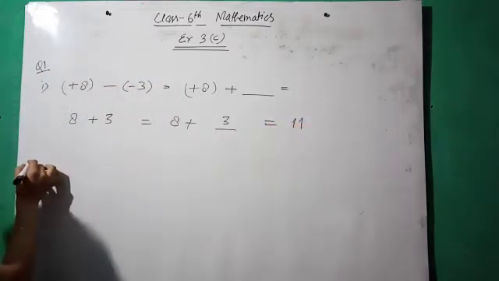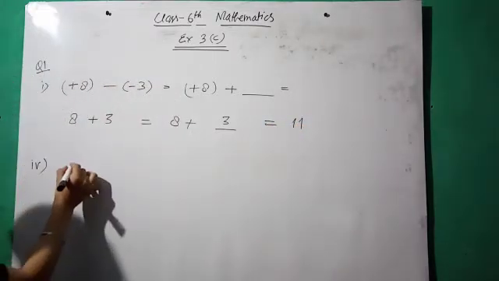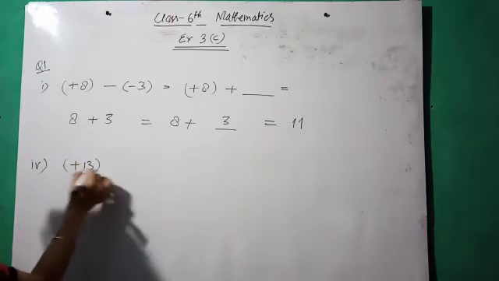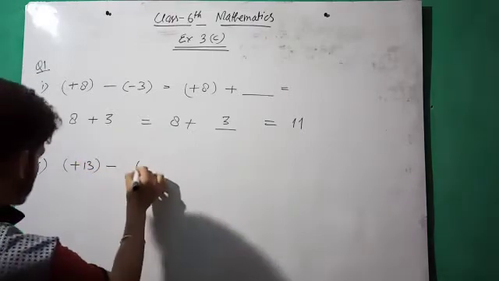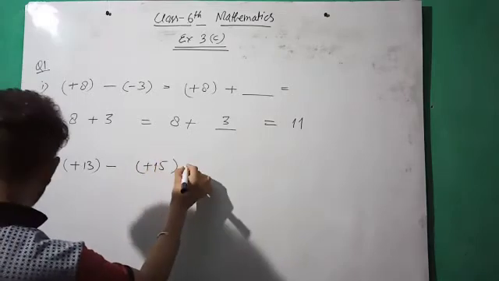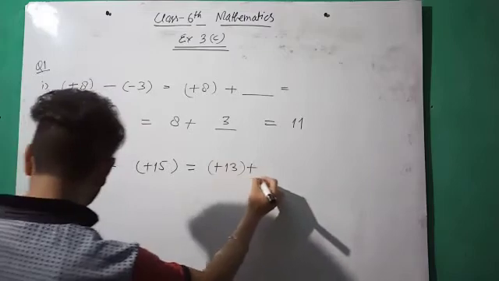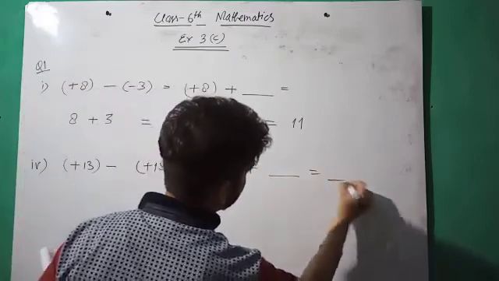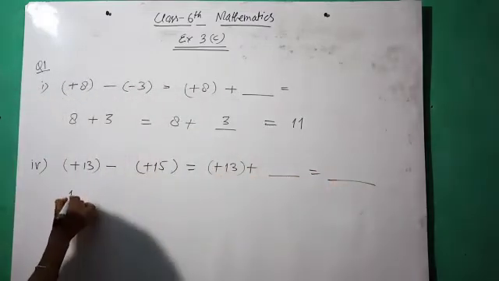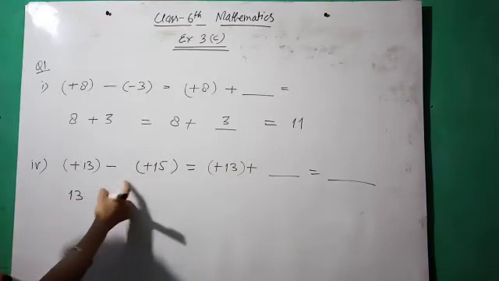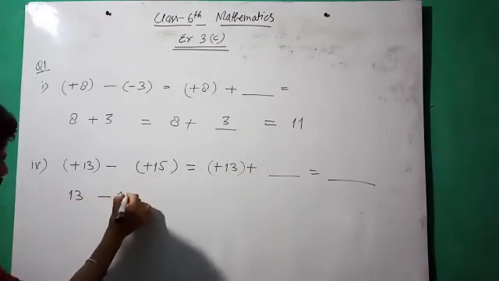Now the final answer: 8 plus 3 is 11. Like this we have the fourth part: plus 13 minus plus 15 equal to plus 13 plus, okay, then 13 plus minus 15.